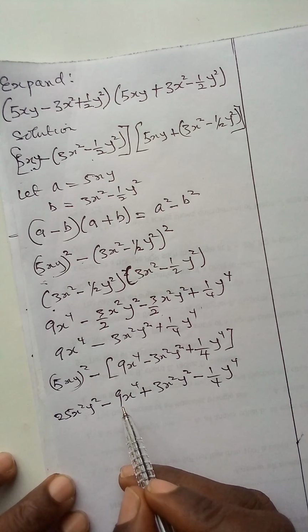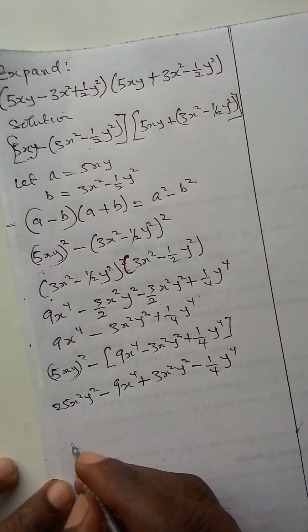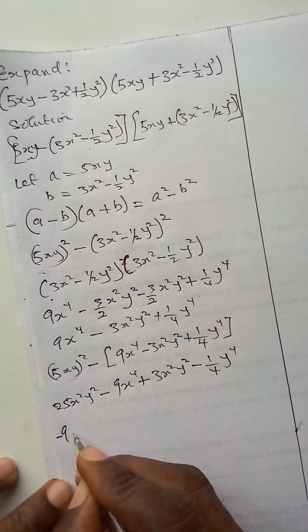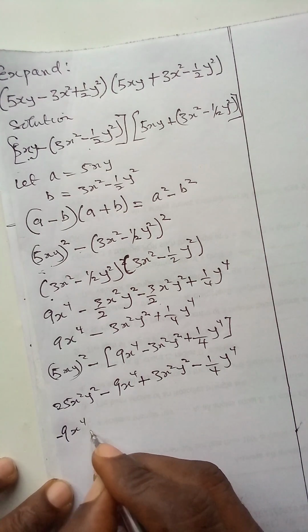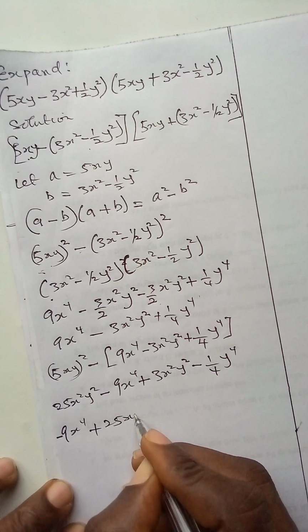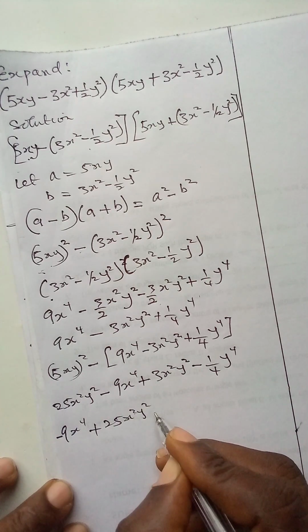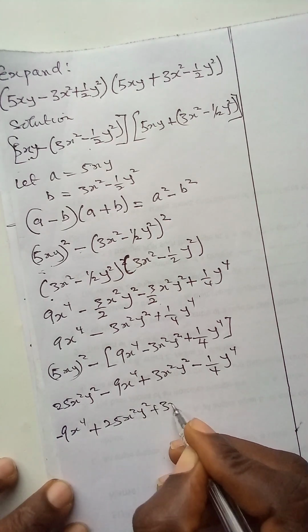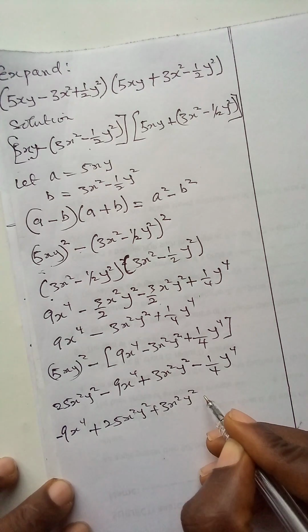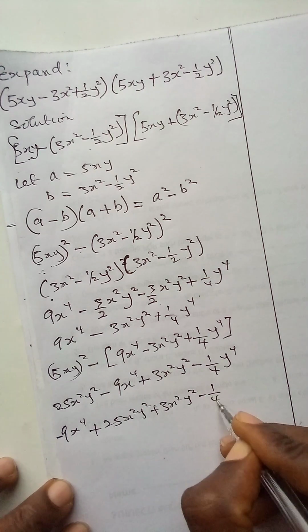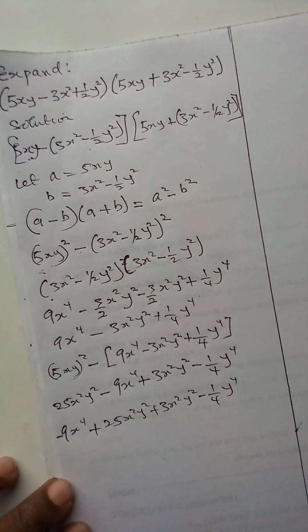This 9x to power 4 should come first. That becomes minus 9x to power 4 plus 25x squared y squared, and this follows it, plus 3x squared y squared. Then we have minus 1 over 4 y to power 4.